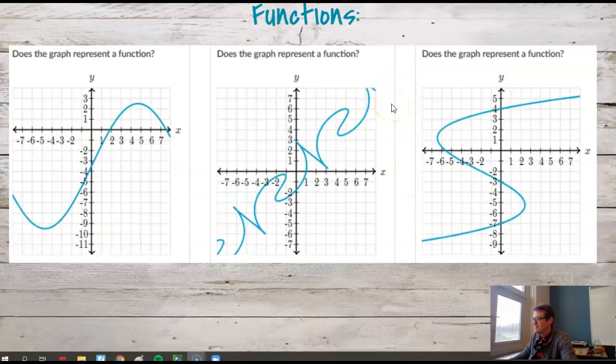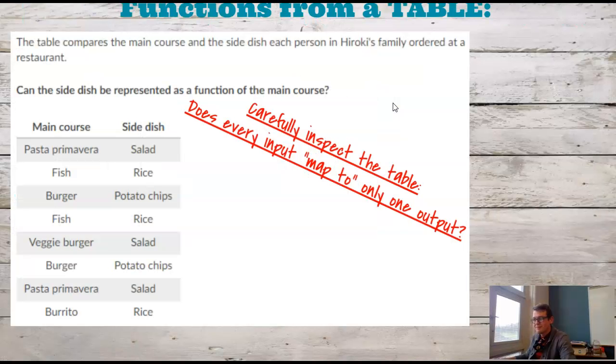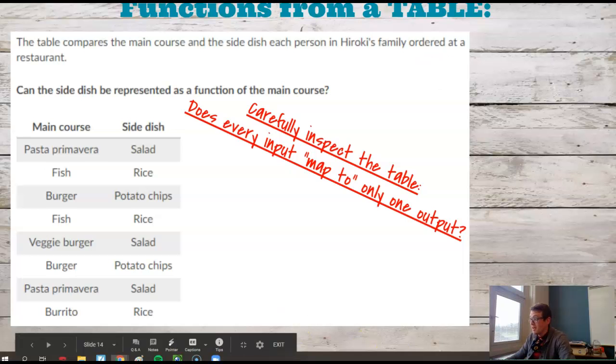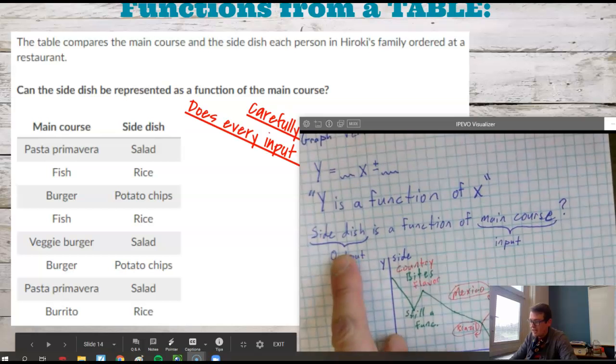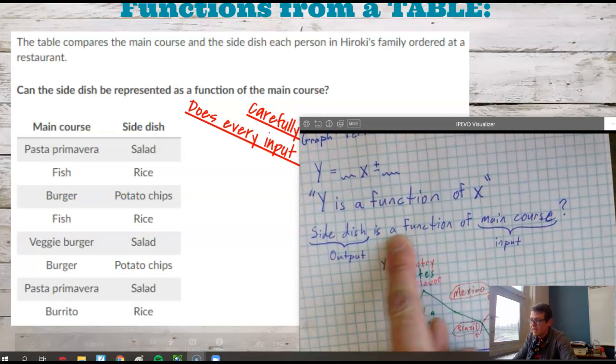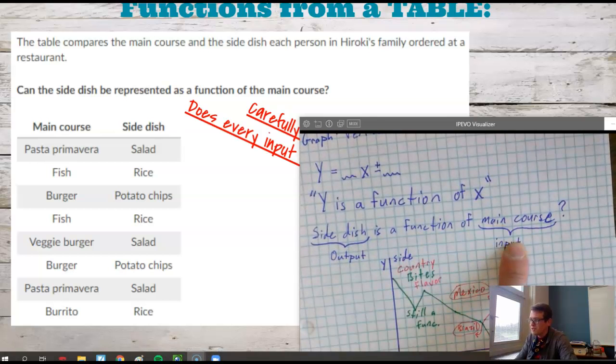If you go back to it, I was actually reading the problem, and it says, can side dish be represented as a function's main course? Right. So I appreciate you bringing that up. If we write it out, side dish is a function of main course.